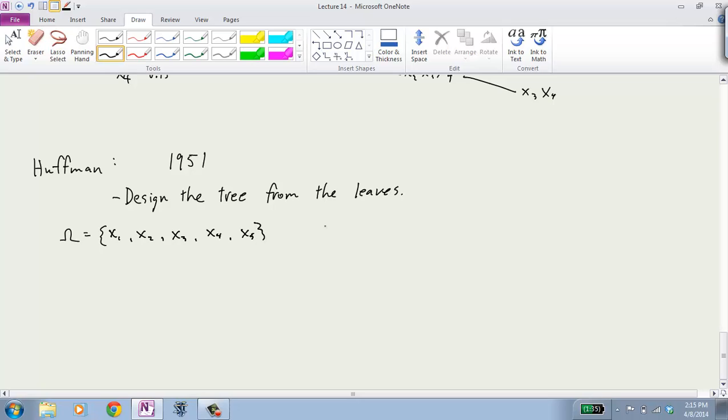And let's say for this particular example, here's P of X in a column, and say we have these probabilities. Now, I've already sorted them. So first, start by sorting.